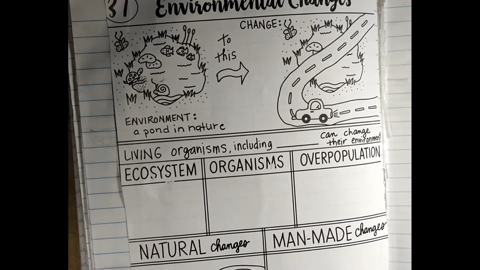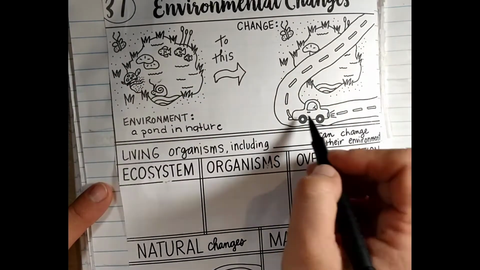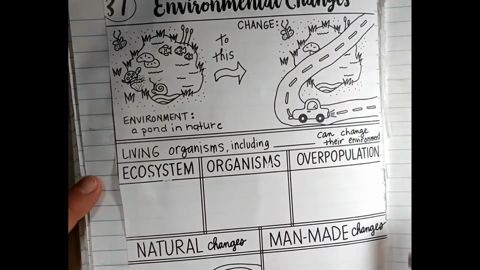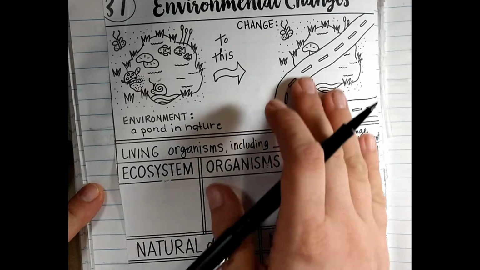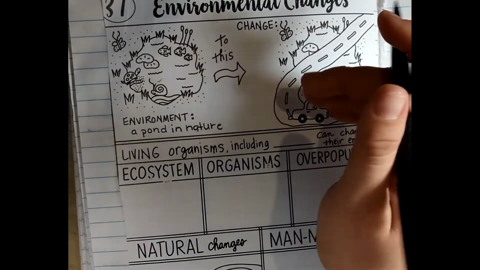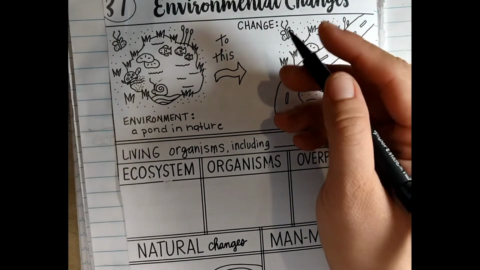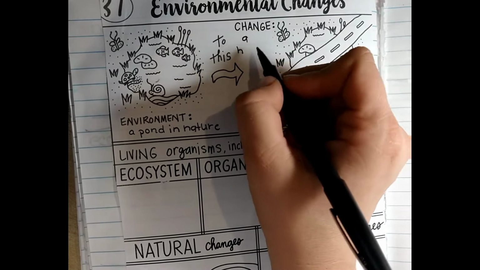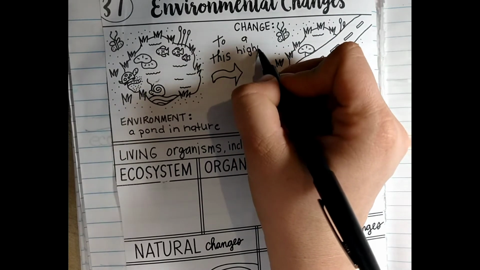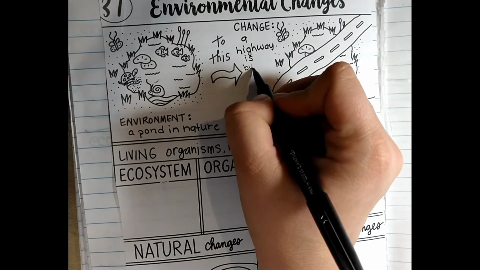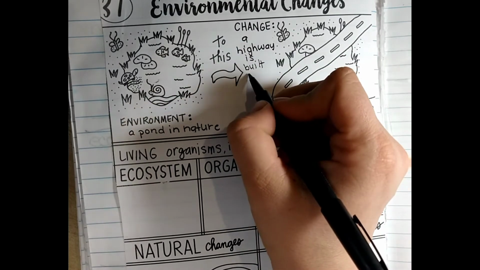Now, what happens if this little pond in nature has a road built over it? Because there's houses being developed and there has to be a place for the cars to go. So what happens to that? How does that affect the animals and the organisms living in that area? So the change is a highway is built by humans. Now, humans are living organisms.